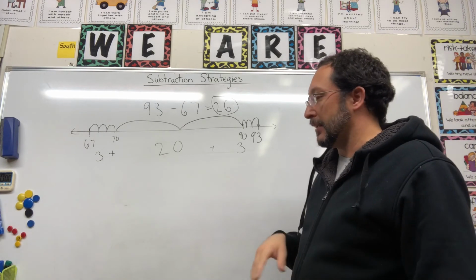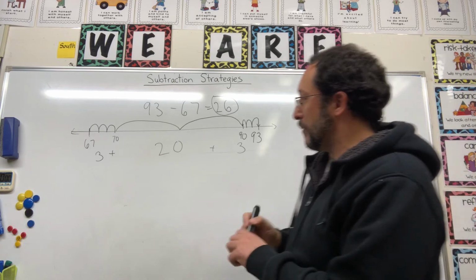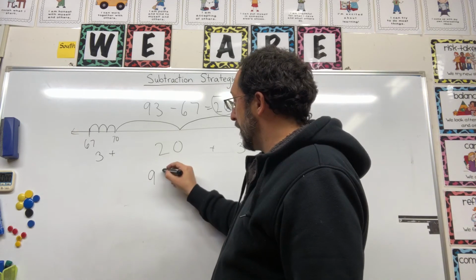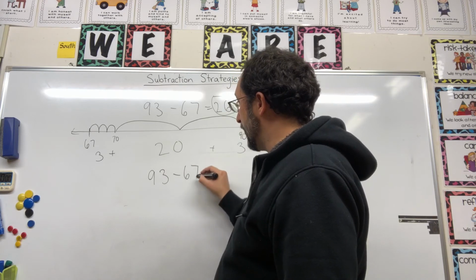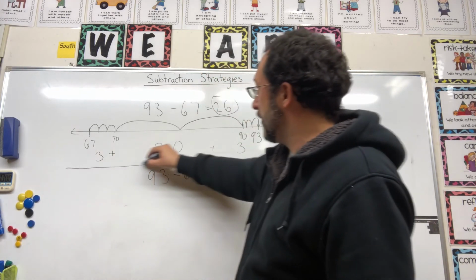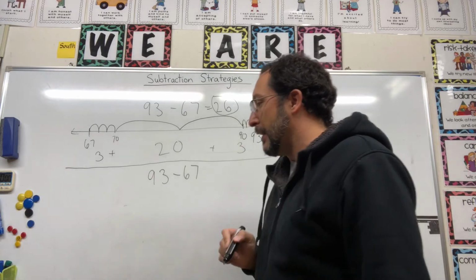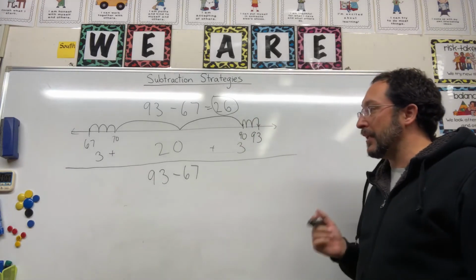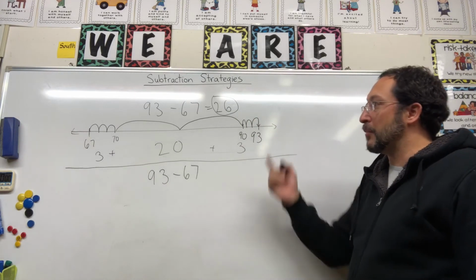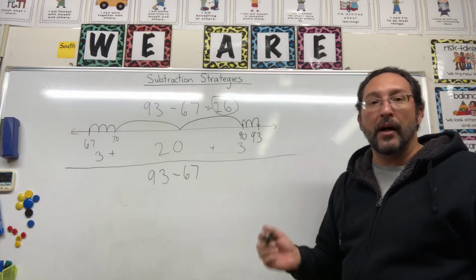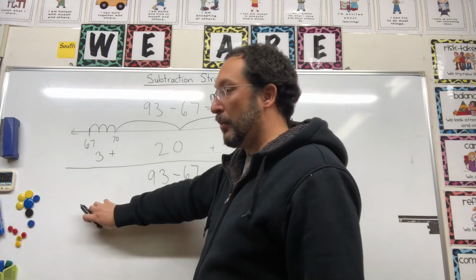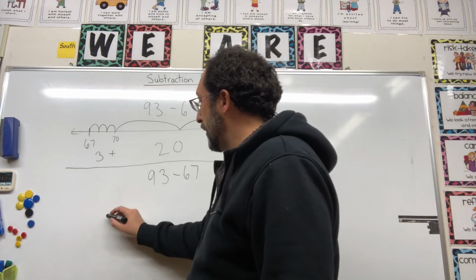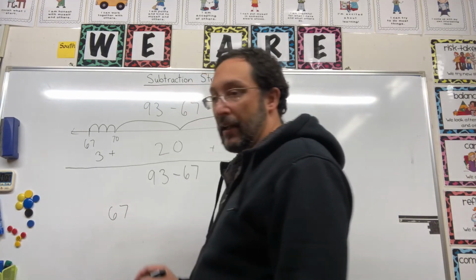So we're gonna take our question here, 93 minus 67. I'm just gonna draw a line here to try and make it look neater, separate. Now, same thing. We can organize our numbers kind of like we did in a number line, but without the number line. So again, going from lower number to higher number, we'll put our 67 there.